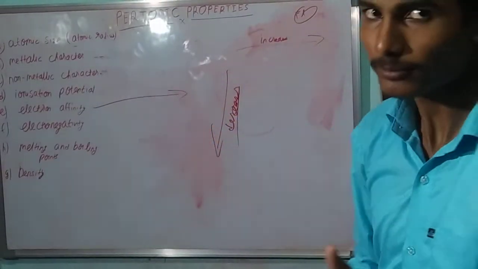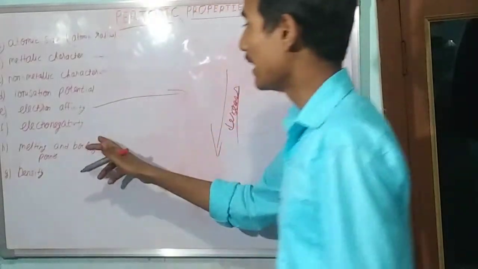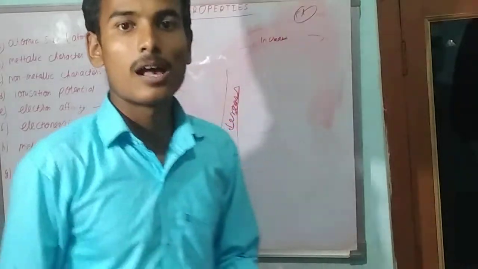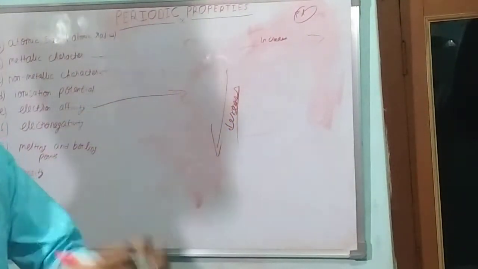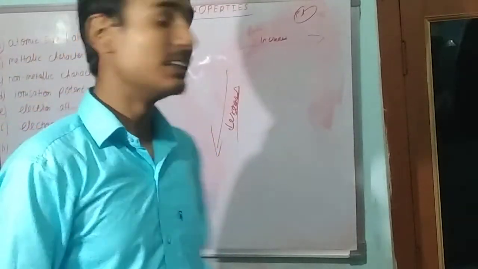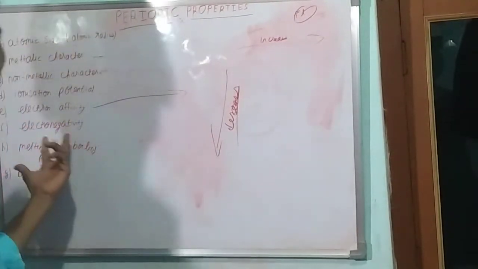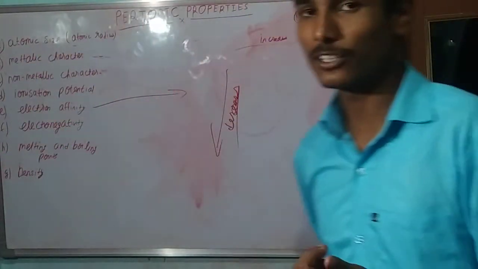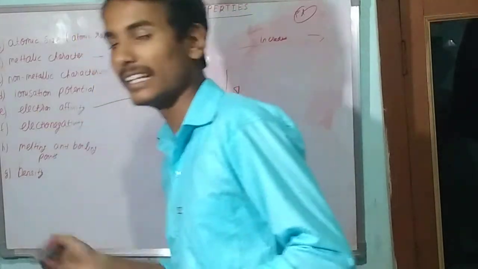Next is electronegativity. What is electronegativity? The tendency to attract electrons towards itself is called electronegativity. There is also electropositivity: electropositive means metallic and electronegative means non-metallic.